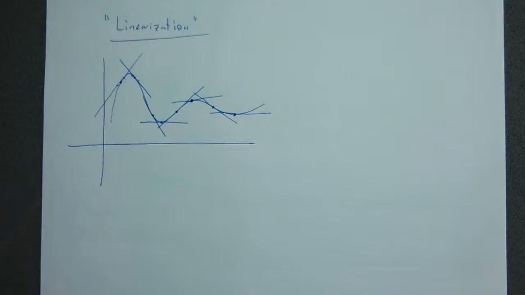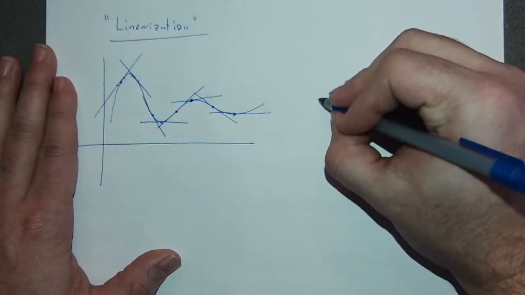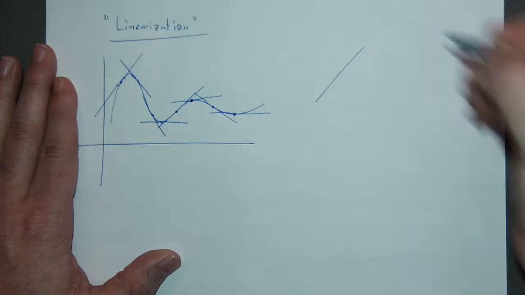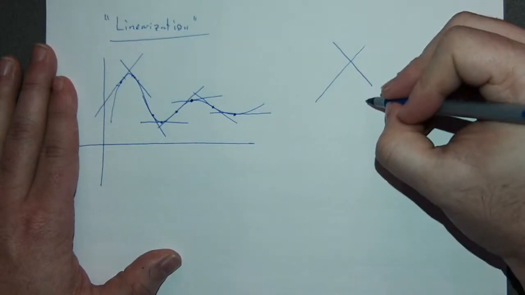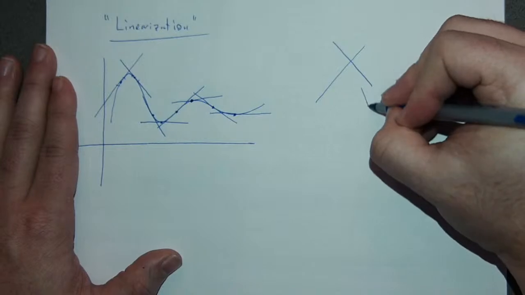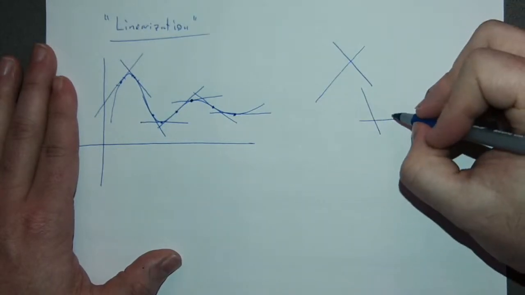Okay. So much so that if, in fact, I were to look at this same plot and instead of having the curve here, I just reproduced the tangent lines themselves. Now that's a bad job.